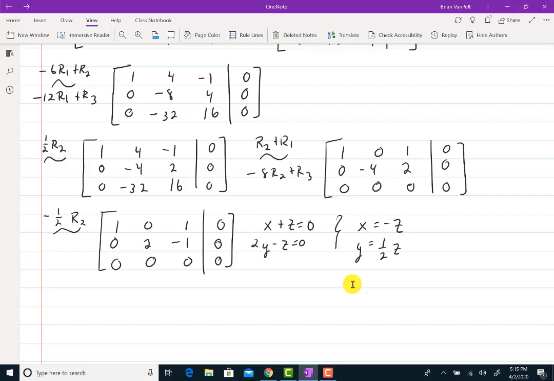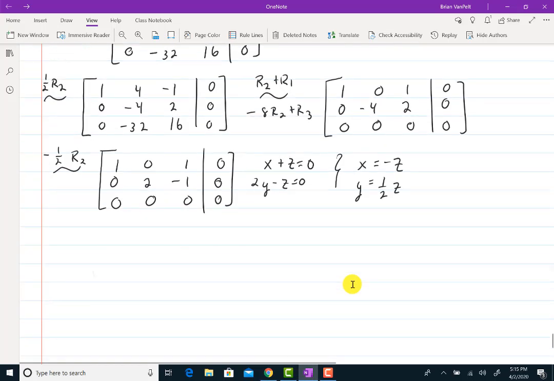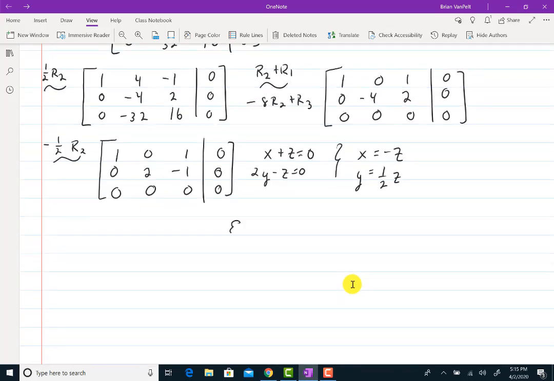Can you think of a good z value to use to give us a pleasant looking eigenvector? Since I can choose anything I want for z, I'm going to allow z to equal 2. The reason is it's going to make y a nice 1, and x will be -2. So that's no big deal.